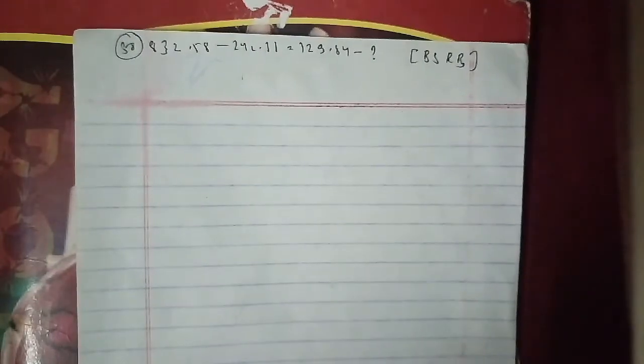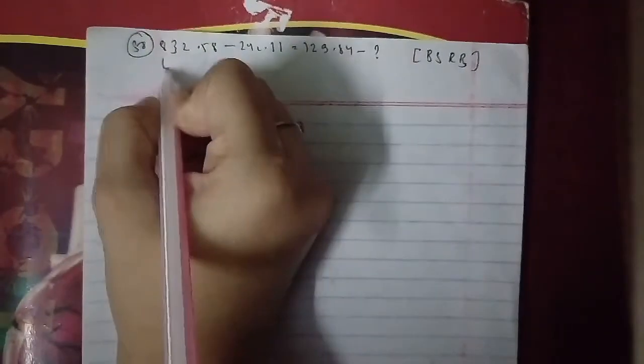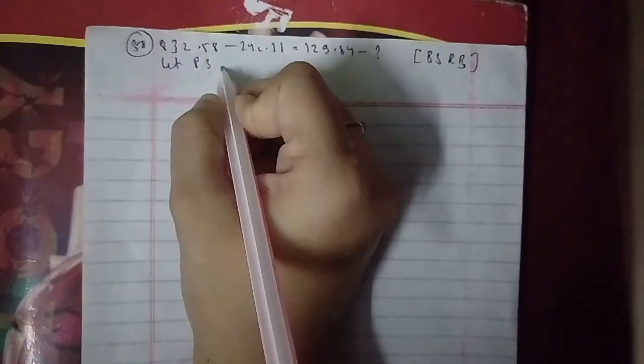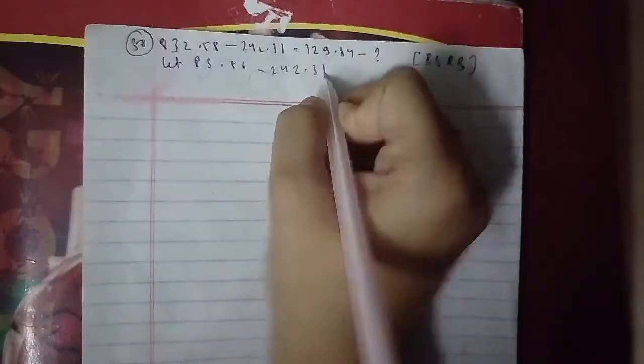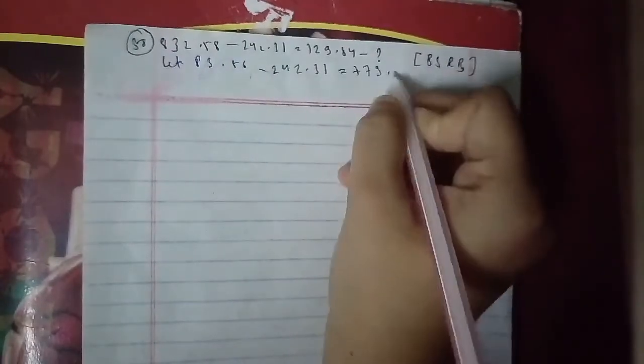So you have to figure it out and answer it according to whatever the question asks. Here we go with the solution. Let 832.58 minus 242.31 equals 779.84 minus x.